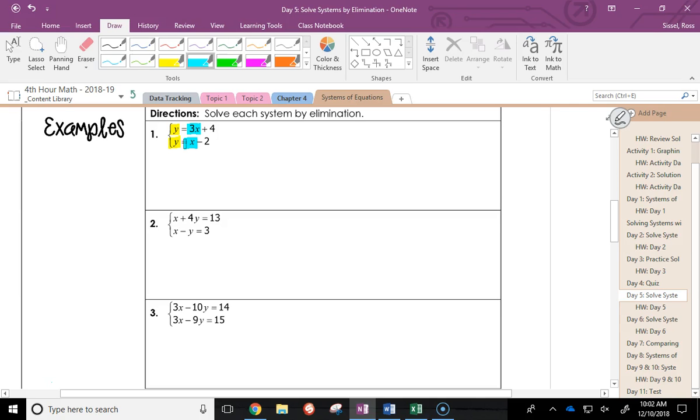Now, there's a couple quick methods to do this. And I did this with algebra, and I'm probably going to steal something from Miss Majors, because this kind of helps kids instead. We are going to always add. I always want to say I'm going to add our two equations.